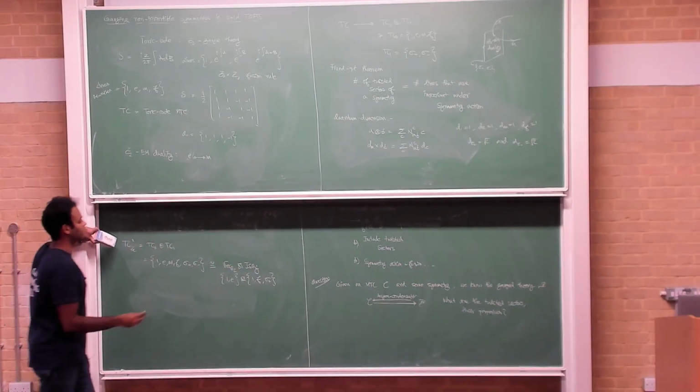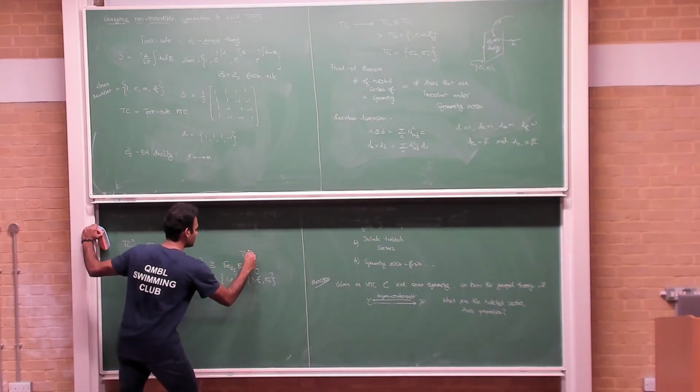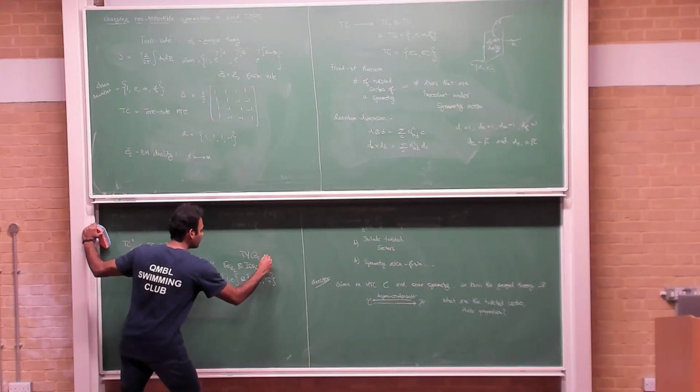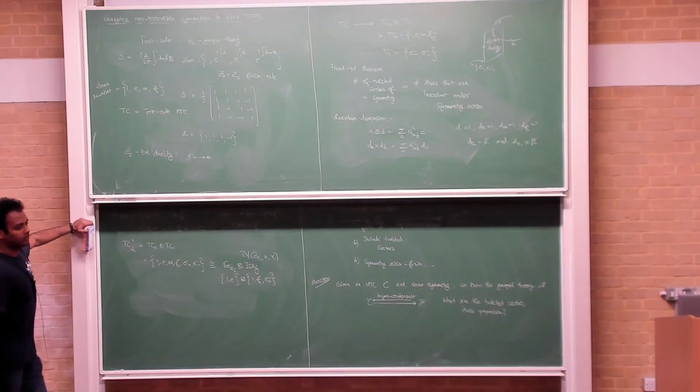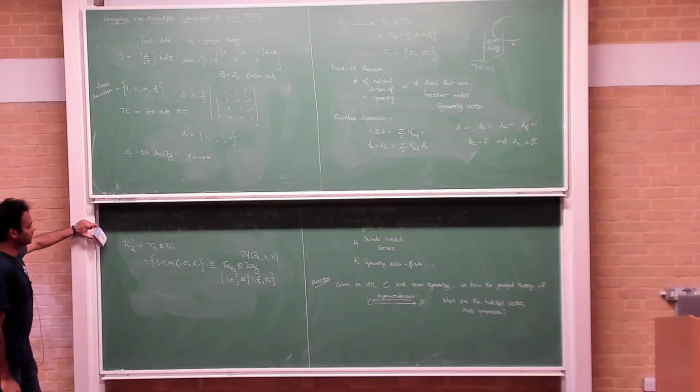In fact, the precise way to state this would be it's like there is some Tambara-Yamagami fusion category over the Z2 group, and depending upon the choice, it could be Ising or SU2 at level 2 or any other thing.